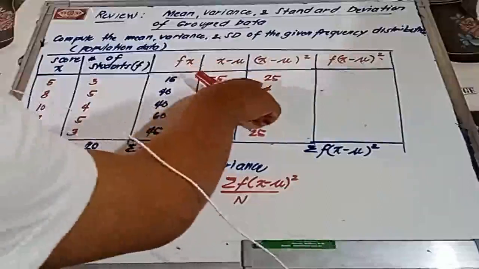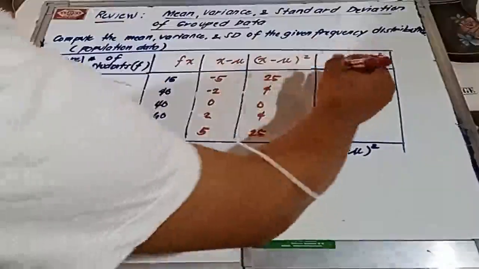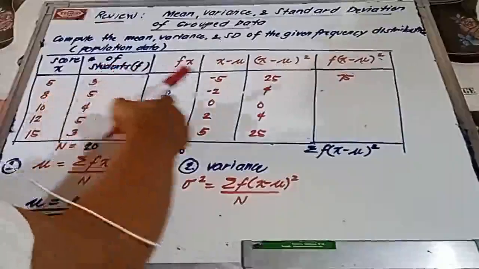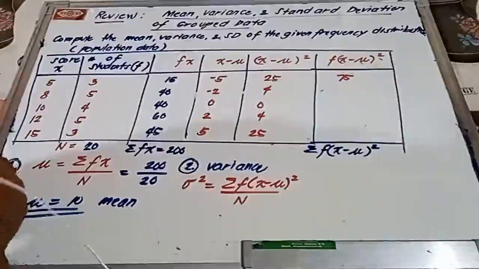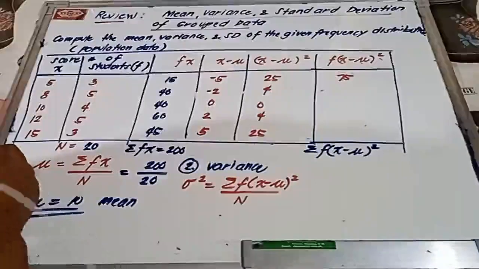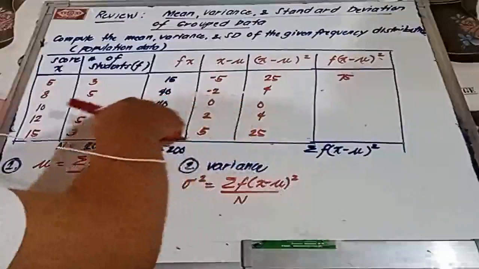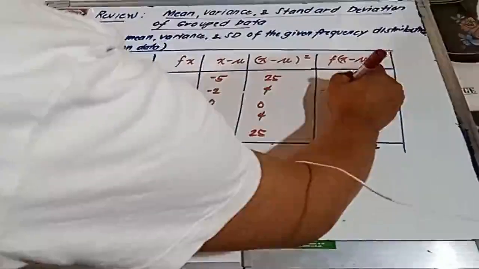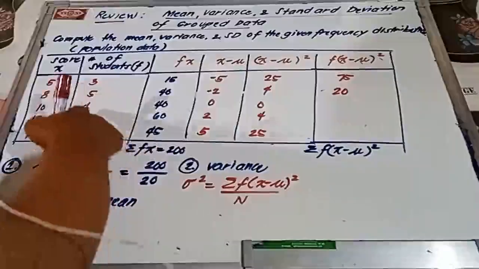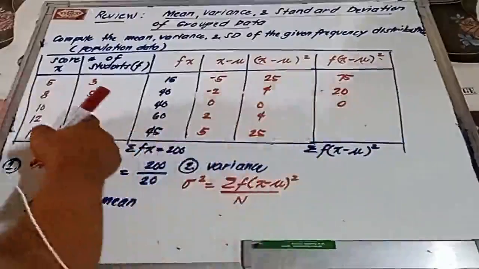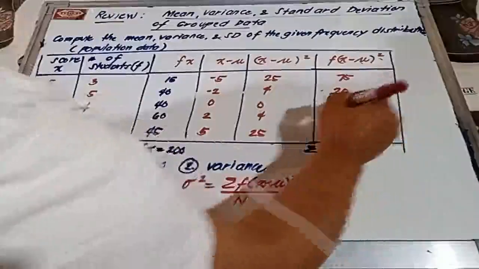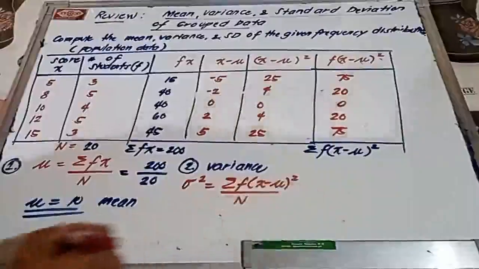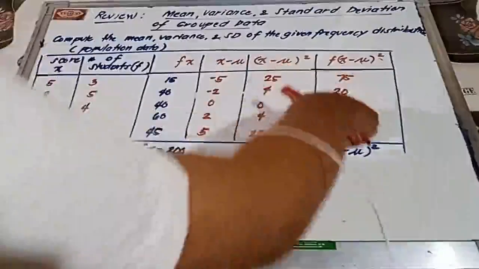So 3 times 25 is 75. 5 times 4 is 20. Next, 4 times 0 is 0. 5 times 4 is 20. And 3 times 25 is 75. Okay. Then next is we're going to add this column.